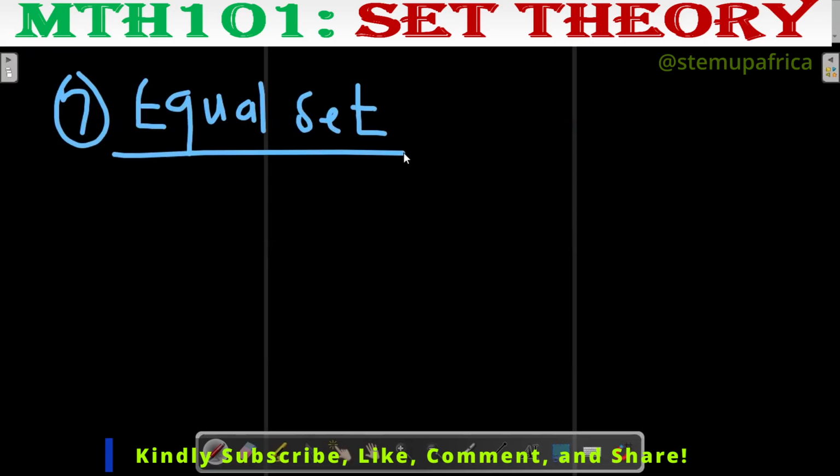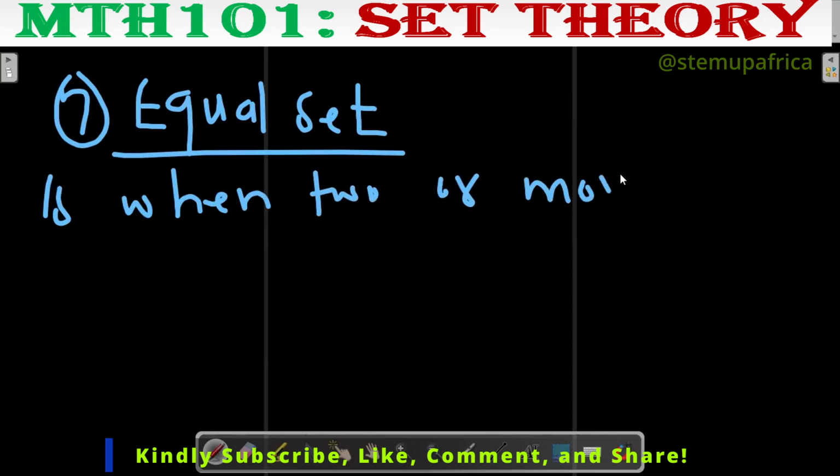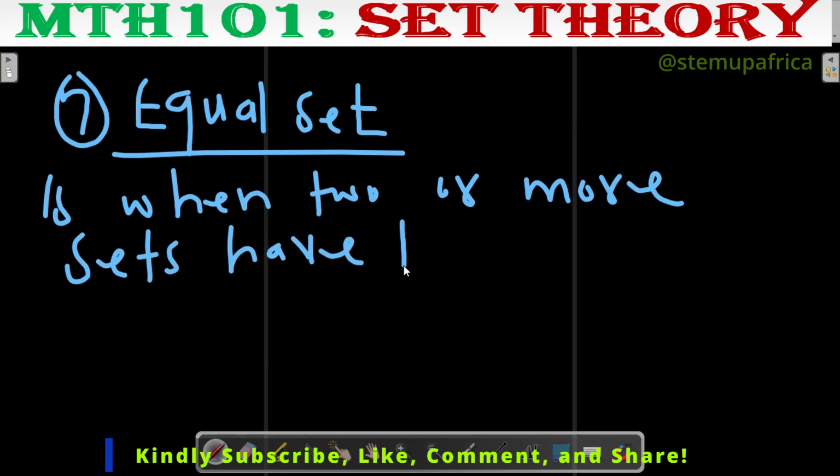So what is an equal set? It's when two or more sets have the same elements.